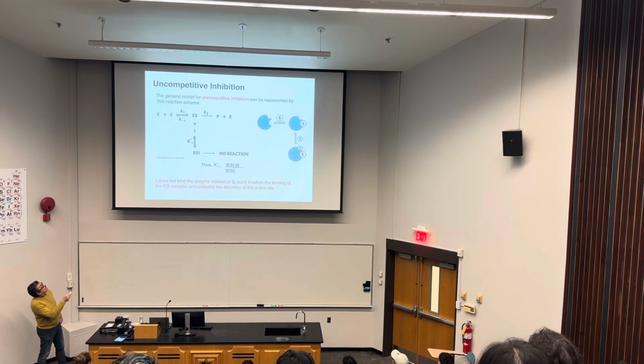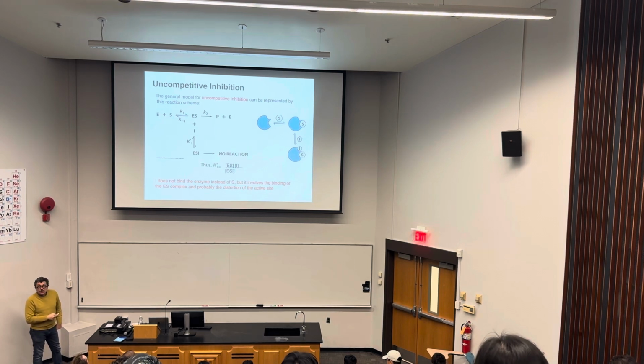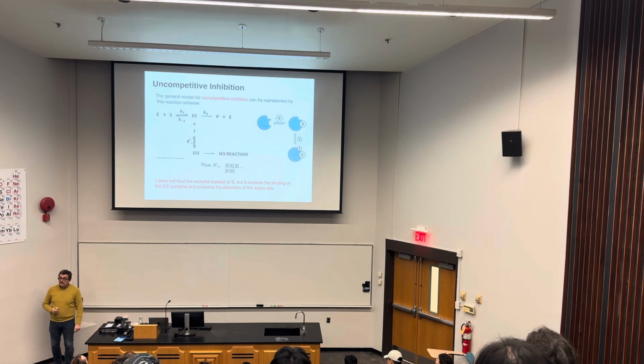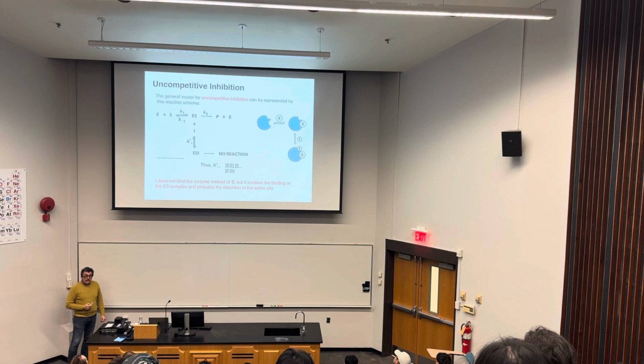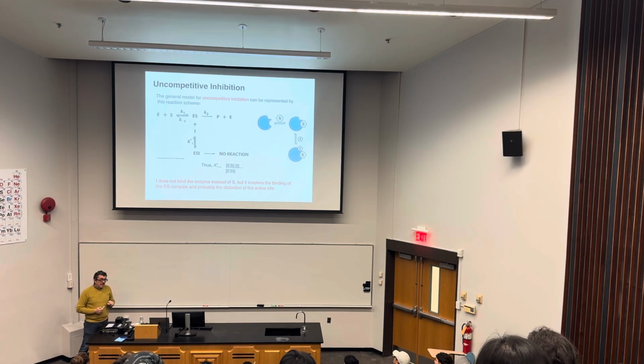So now we represent that in this way. It's from ES plus I that produces ESI. This is K prime I, the dissociation constant of this reaction, and this is the way to calculate it. Okay? We will see some funny things about this next lecture. Really interesting.